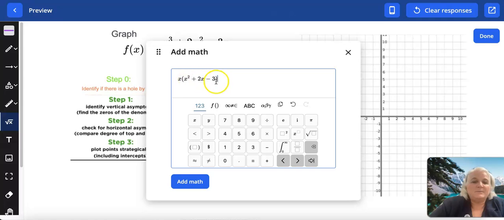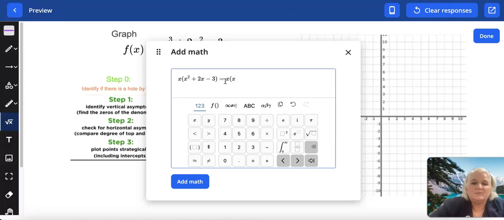This is a trinomial, which I can factor into two binomials. What's in the parentheses here can be factored into two binomials. So this is equal to an x still on the outside, and then I'm going to have two sets of parentheses. And in the first parenthesis, I'm going to have definitely an x first.